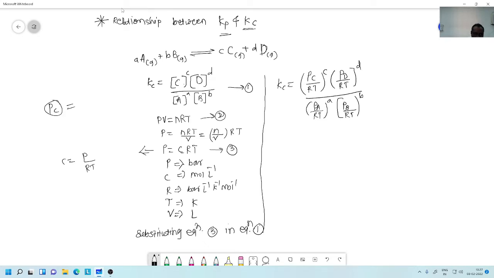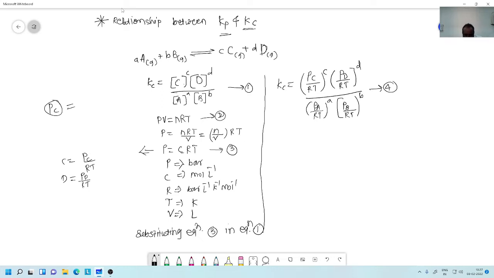If I take it for C, then that is equal to PC divided by RT. If I take it for D, then that will be equal to PD divided by RT. That's how we have taken it, and the number of moles are again the same, right? Let's consider this as equation number 4.